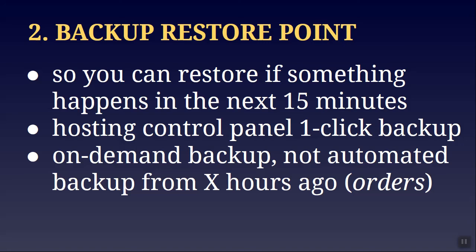It's nice also if the hosting gave you the chance of renaming this backup point. So I can, and I usually say, "Backup before updating WooCommerce to 4.8" or something like that. In this way, I know exactly which is the backup that I need to restore in the next few minutes if something goes wrong.